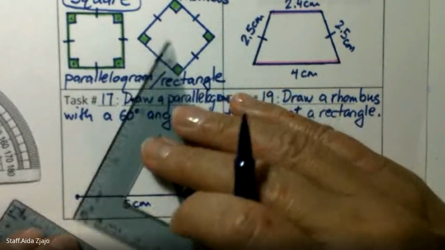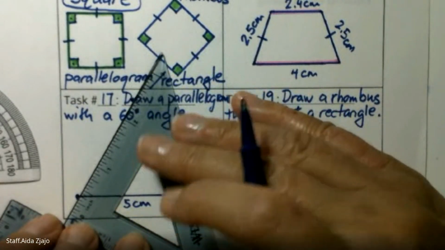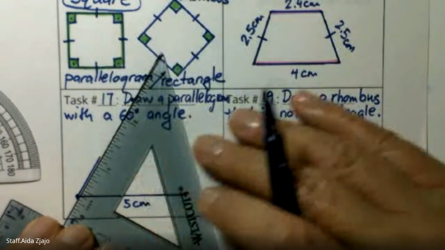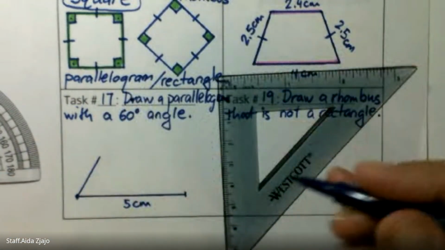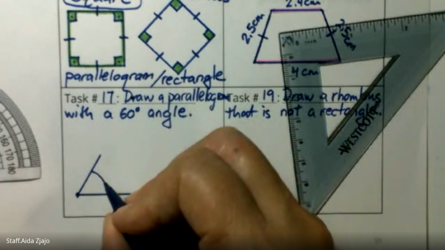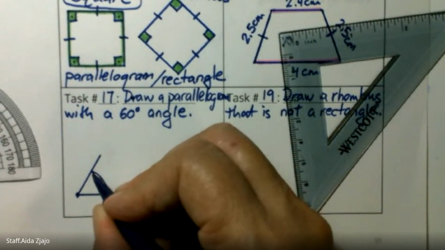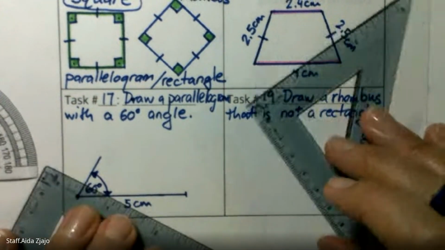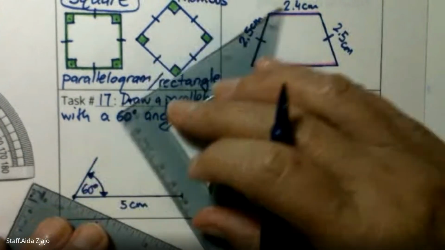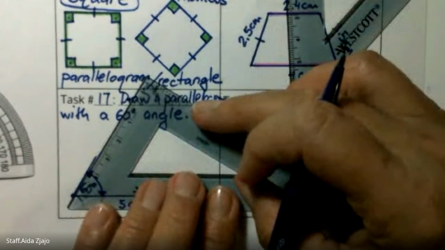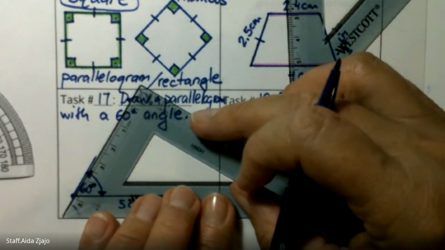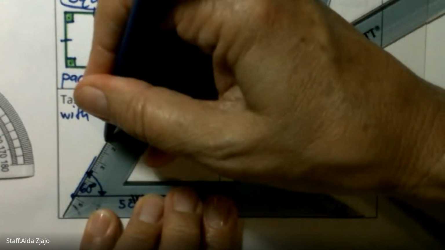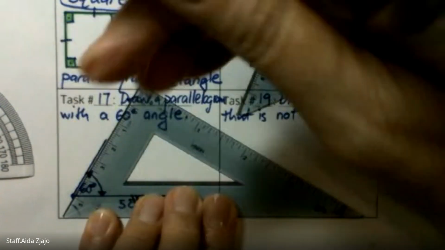I don't need to go all the way to the dot, but the dot is used to create the 60 degrees angle. So here is that 60 degrees angle, and I'm going to extend it and make this 3 centimeters.